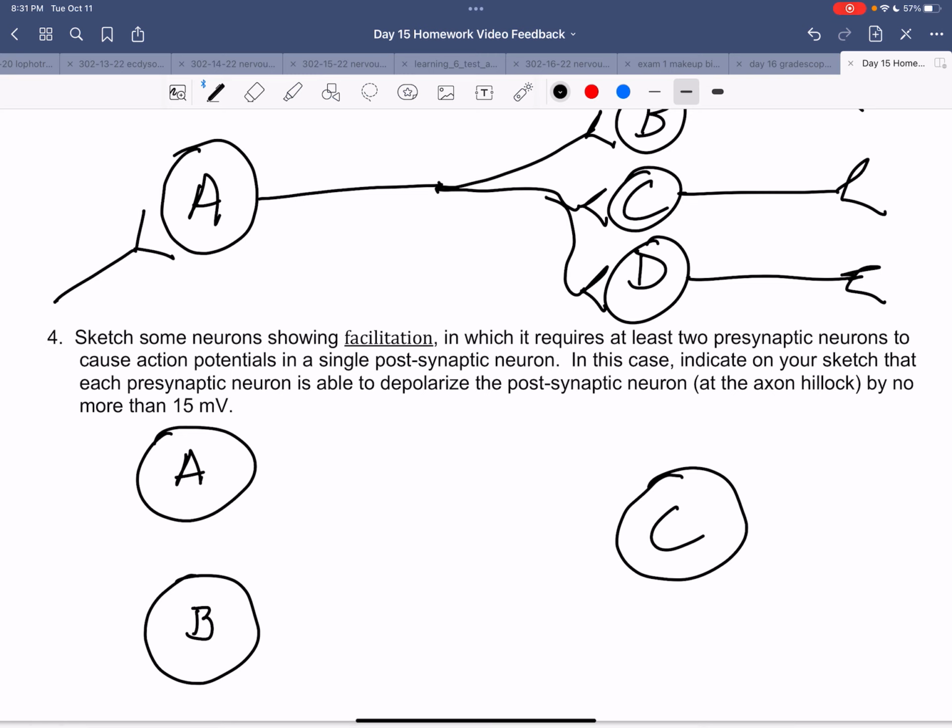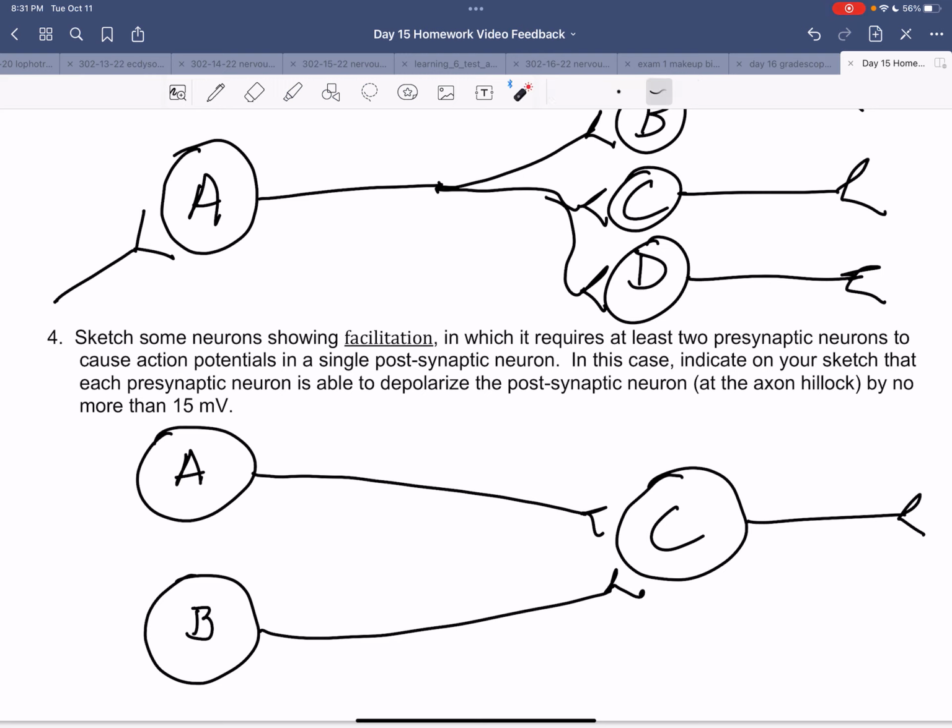So we're going to want an action potential in the postsynaptic neuron. So here's where we're going to have an action potential. We want both of these to synapse on C. So how are we going to show a requirement that both of these are required to get an action potential in C?